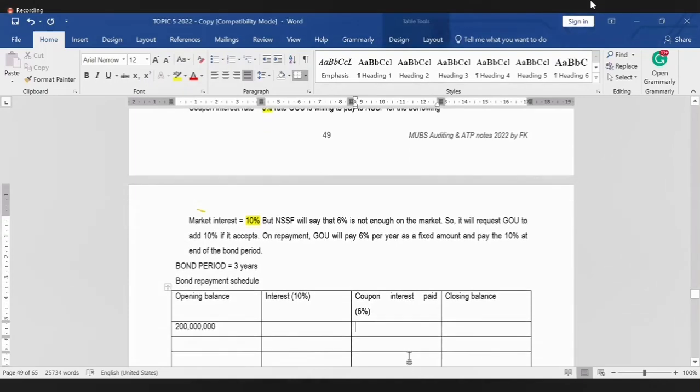And this one is fixed as an annuity. So 6% times 200 million, what do you get? You get 12 million. So every year government will be paying 12 million to NSSF, but the interest, the 10%, will be 20 million.